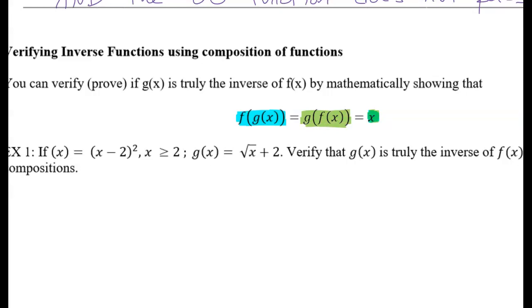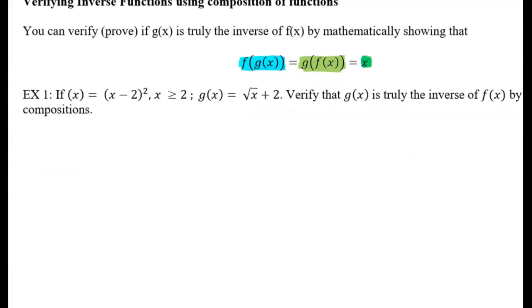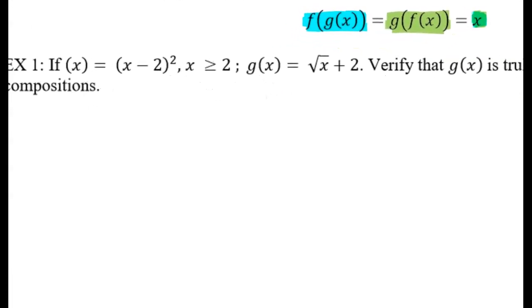This is because there are some scenarios, only very, very few, but there are some scenarios where, yes, f of g of x will equal x. Great. But then you go and check g of f of x, and it is not equal to x. You have to check both, all right? So let's do it. Let's go ahead and prove that f of x and g of x are inverses here.